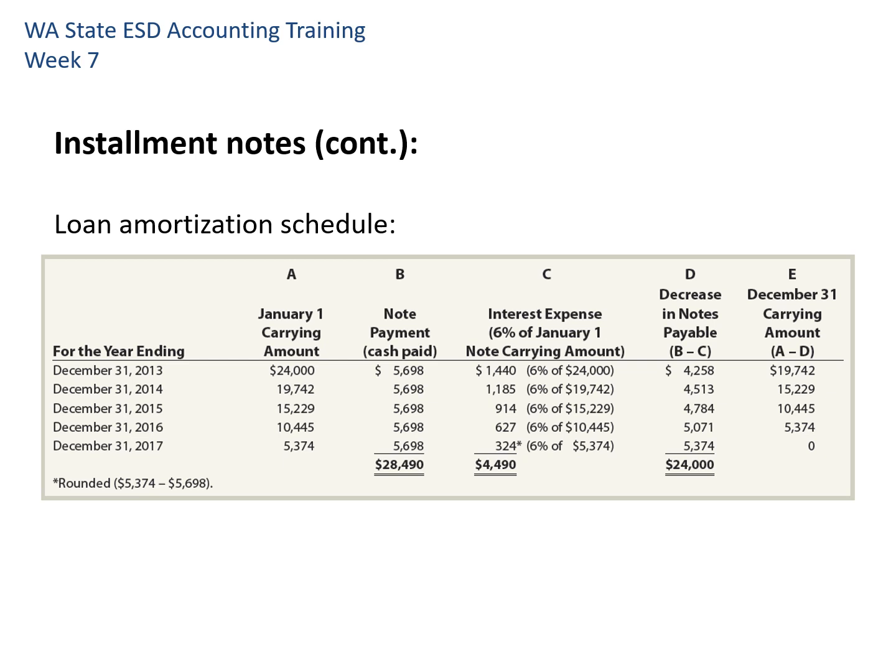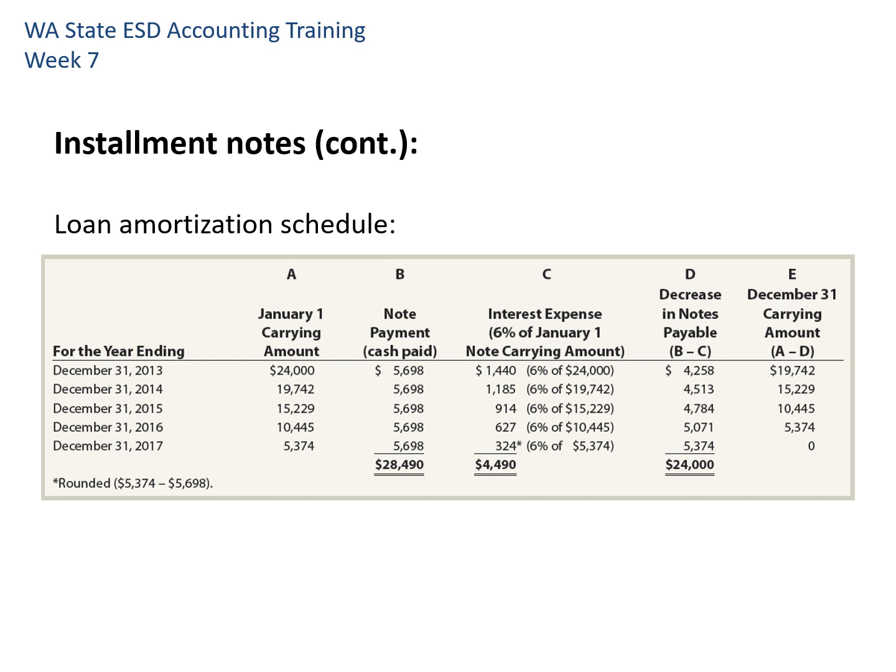The interest on $24,000 at 6% for a year is $1,440. So of that $5,698 payment, $1,440 is related to interest. So the remainder, in this case, $4,258 or $5,698 minus $1,440 is what's going to pay down our loan.